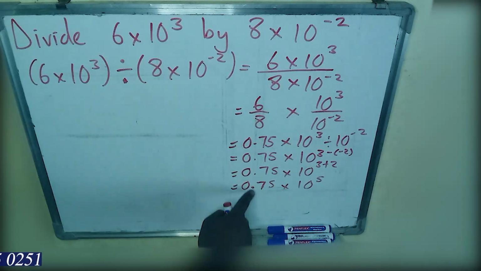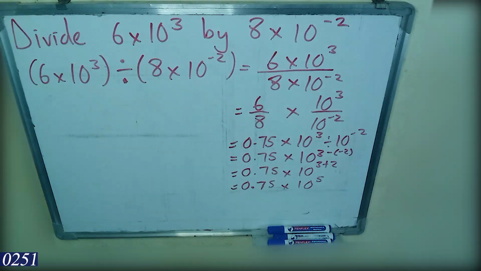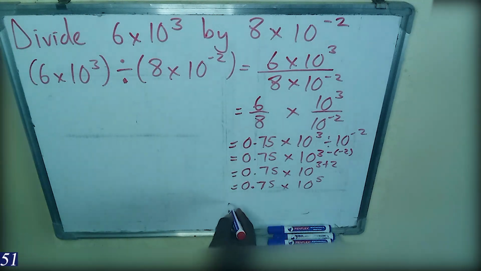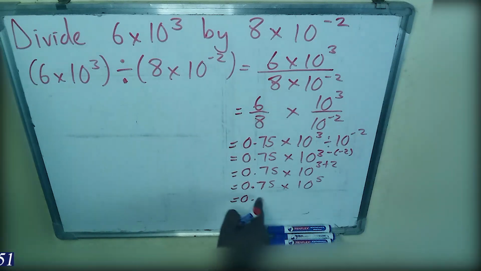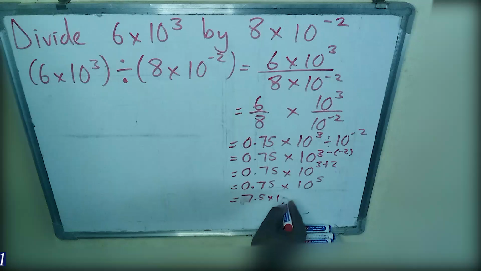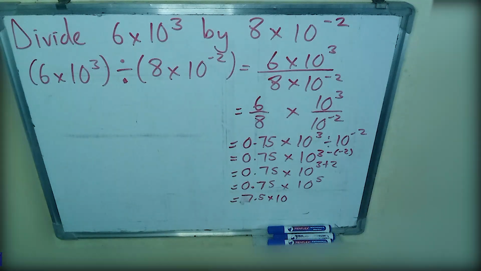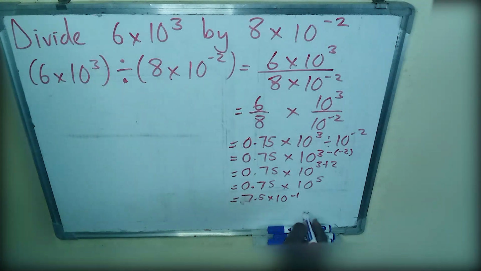So we need to shift the comma to the right. If we shift it, we have got 7,5 times 10 to the power of minus 1 times 10 to the power 5.